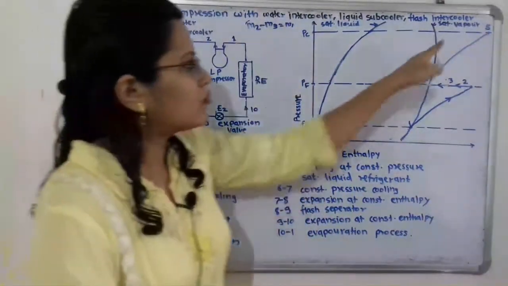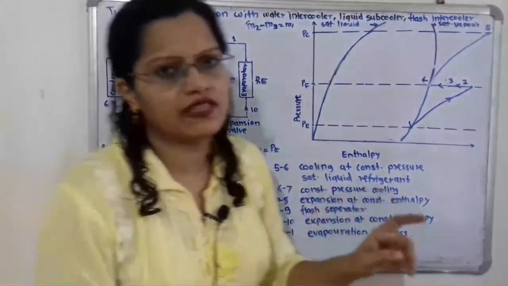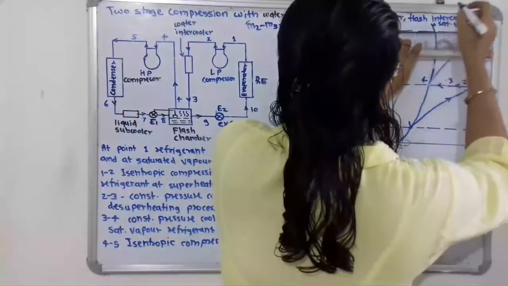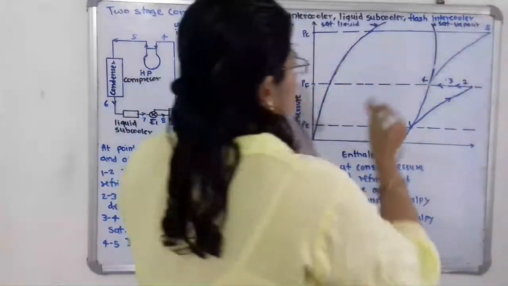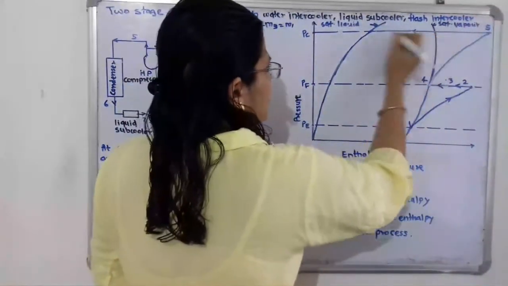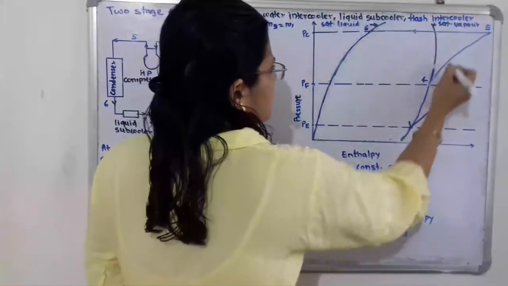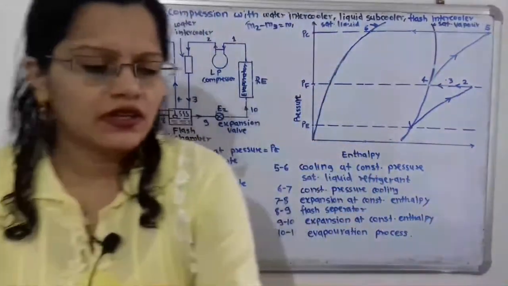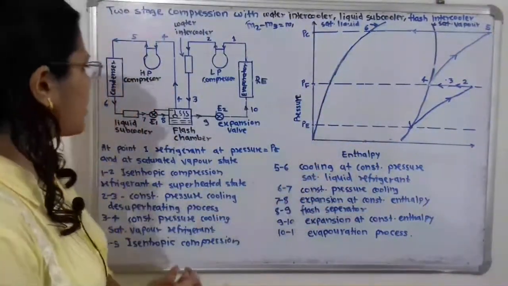That means we have to show here the cooling process up to this saturated liquid line. So now I will show that. So here is the process. So this is the process, that is point 6. So we have to show arrow also. So this process 5 to 6 is getting completed.